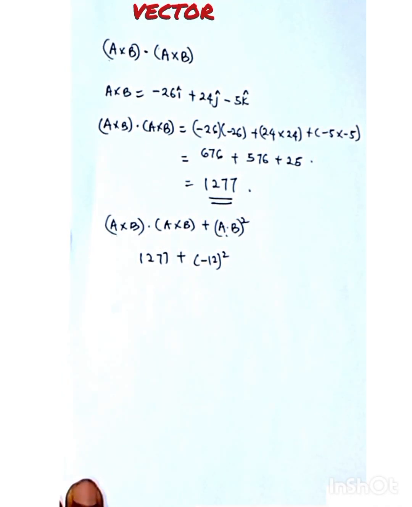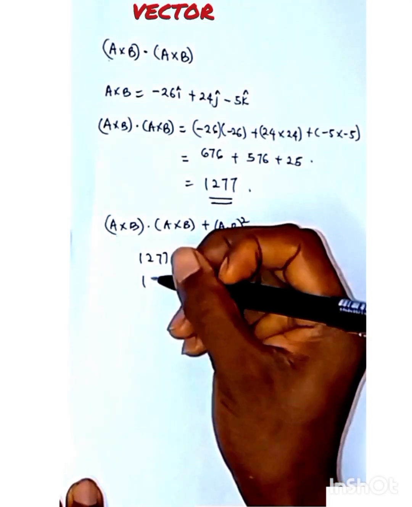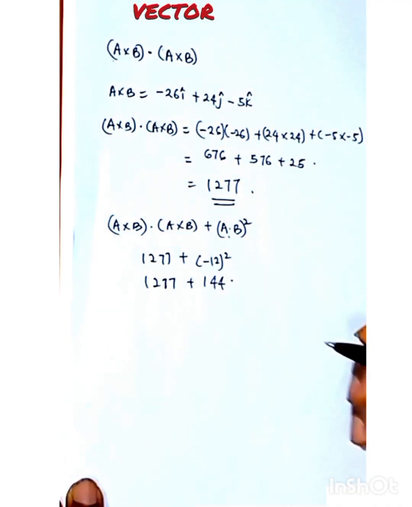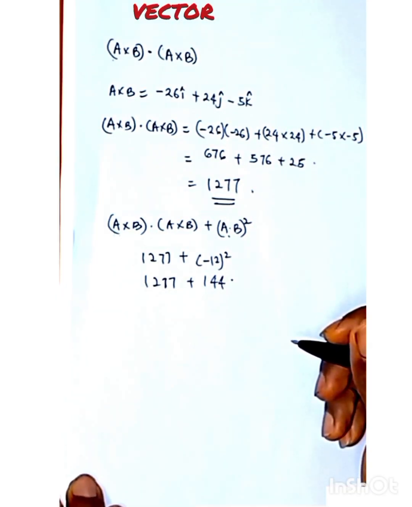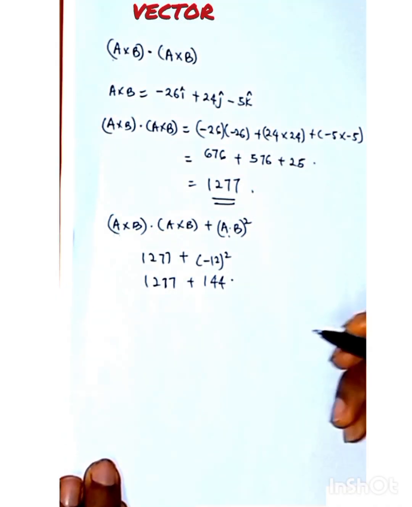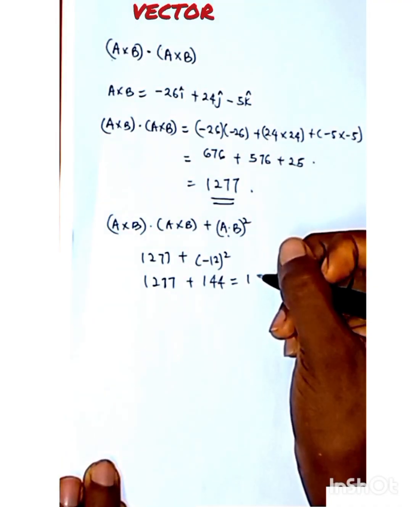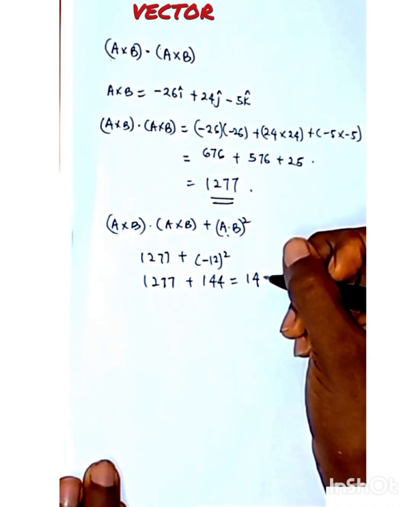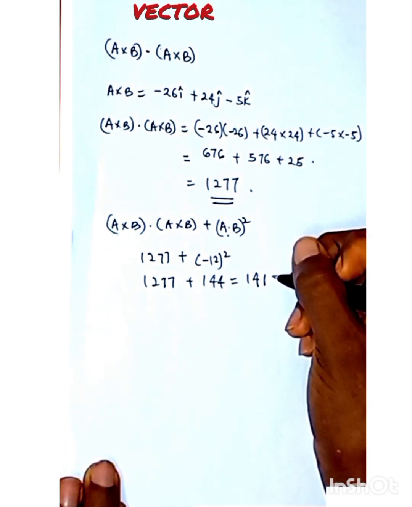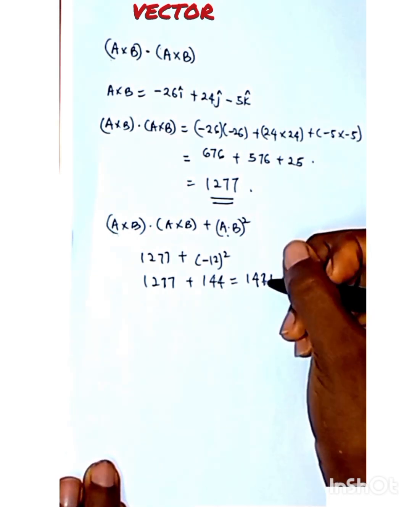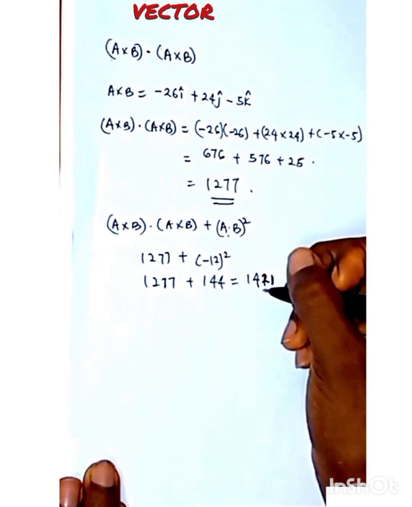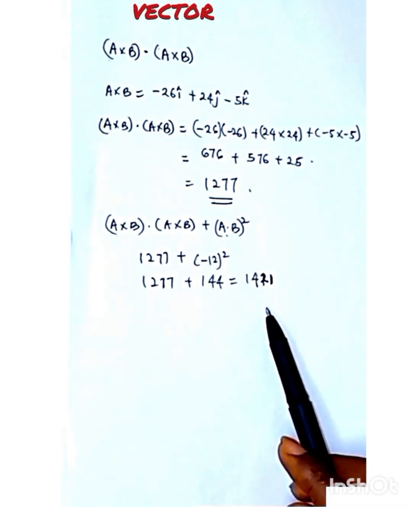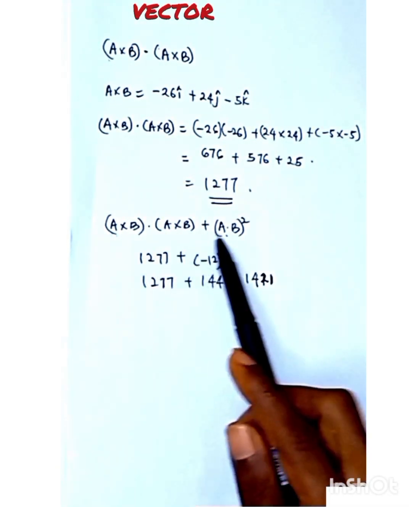We square it, and we have 1277 plus 144. When we add this together, we have 1421. So this gives us 1421 for the left hand side.